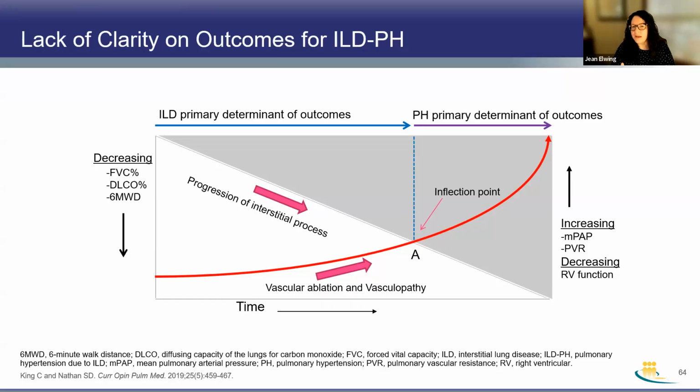But at some point, it changes from an interstitial lung disease driven process to a vasculopathy driven process. And at the point the pulmonary vasculopathy worsens, that's when you start to see some additional changes, which we noted before: the low oxygen, decreasing exercise tolerance, lower DLCO. And we find changes on echocardiogram many times, and then confirmed by right heart catheterization, that rise in their mean pressure and that elevated PVR.